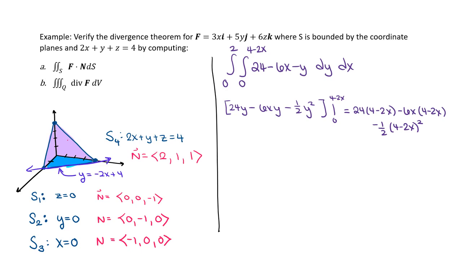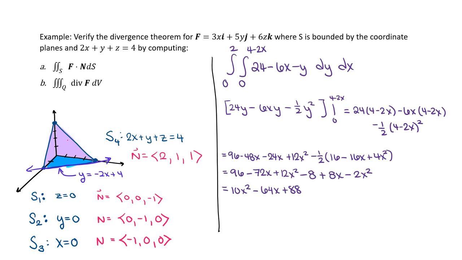You could probably do some clever factoring. I feel like you probably could. I don't know. This time I decided to just go ahead, use some brute force, do some multiplying. So I distributed, I FOILed out the 4 minus 2x squared, did some more distributing, combined like terms, and I ended up with, it's at the bottom of the screen, 10x squared minus 64x plus 88.